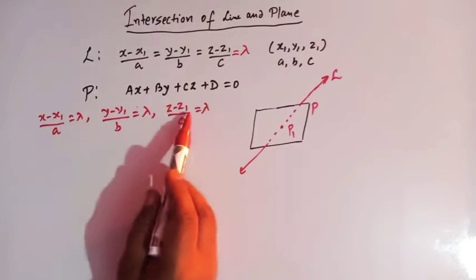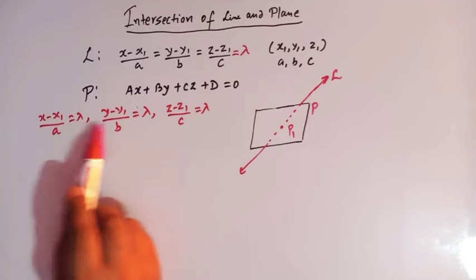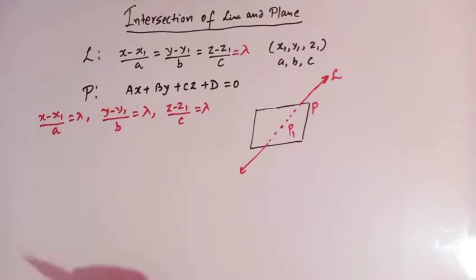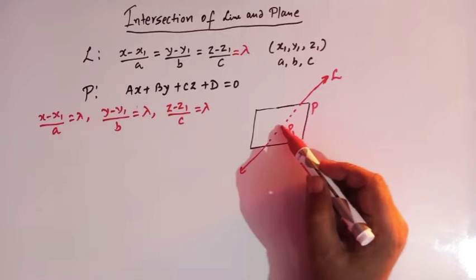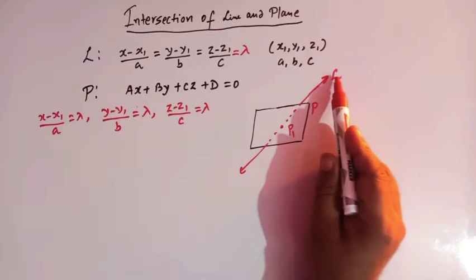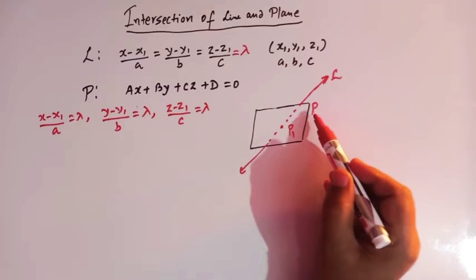And if we solve these three equations for x, y and z, then we can obtain the general point or the coordinates of the intersection of the line and the plane P, right?